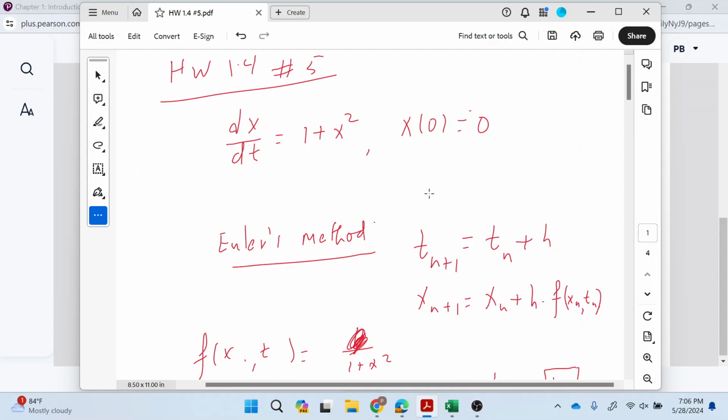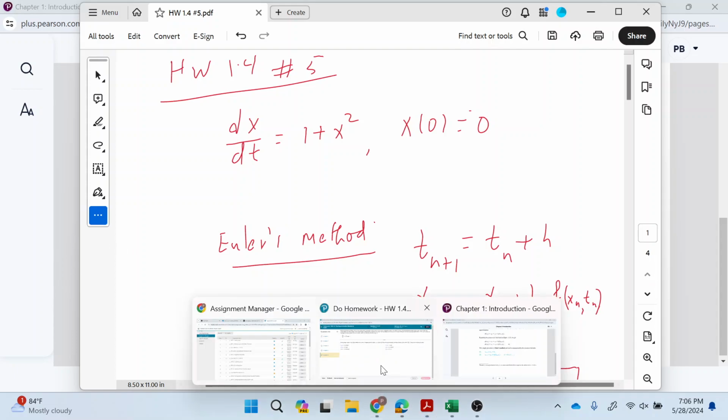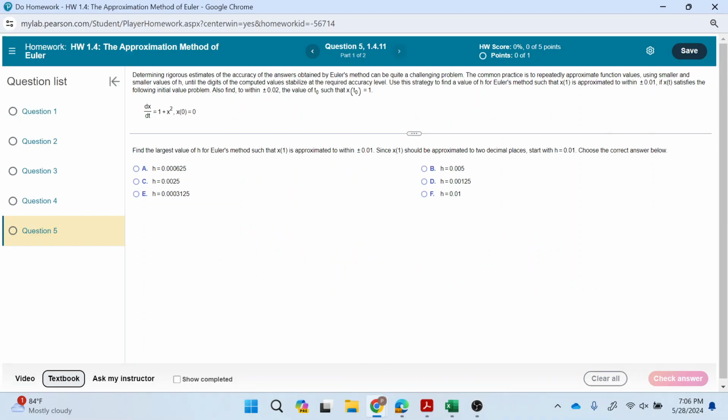Okay, so remember the starting point is given and we would like to approximate at 1. So we are dividing the interval from 0 to 1 using this width of the subinterval h. If you read the question, it says to start with the value of h equals 0.01.